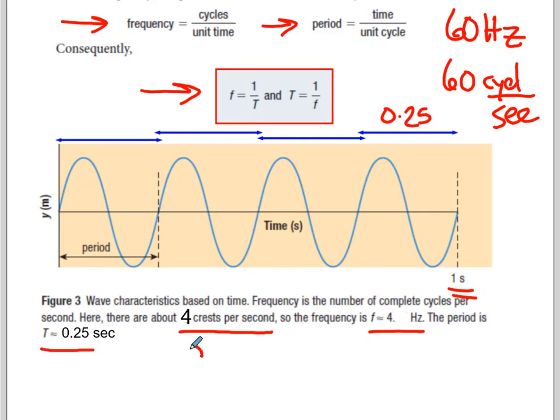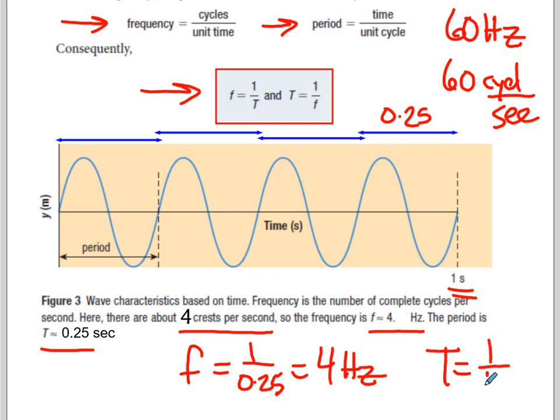If you went frequency equals 1 over 0.25, you would get your 4 hertz. And you can do the other one: period equals 1 over frequency, and there's the 0.25.